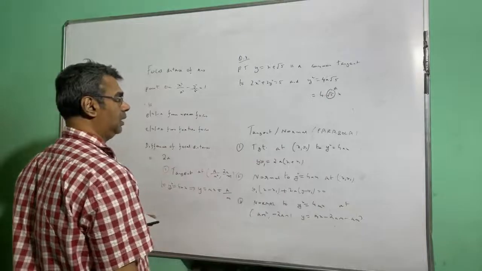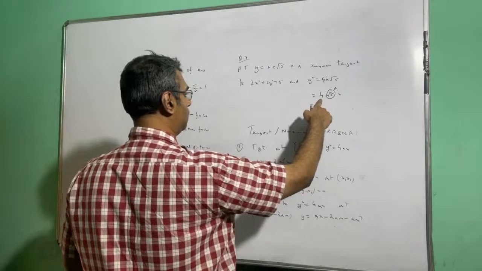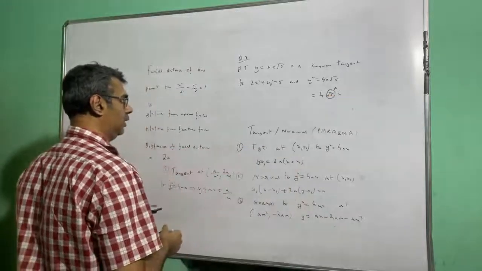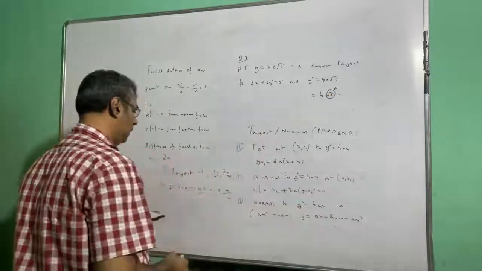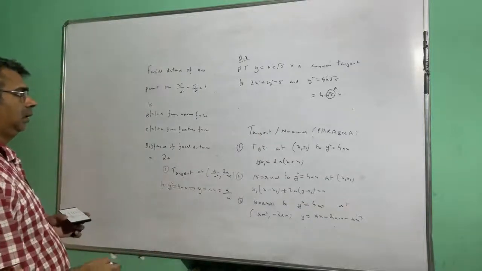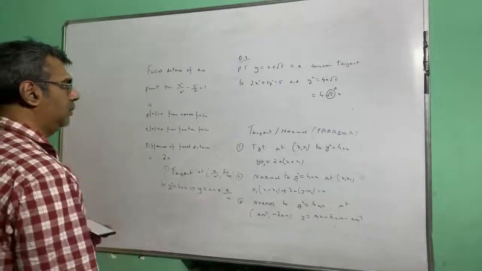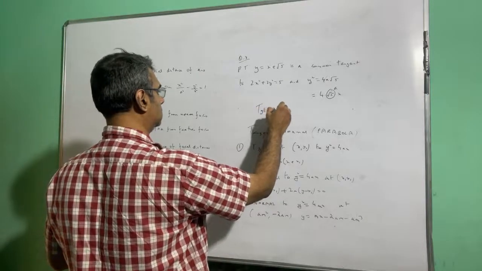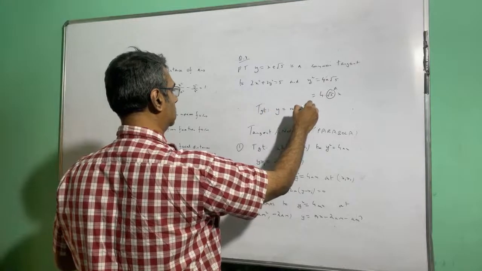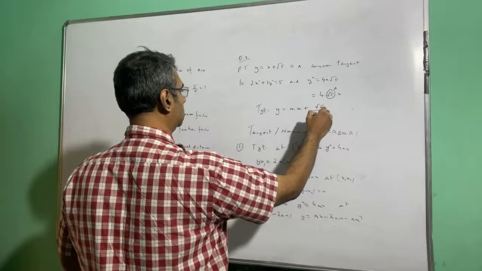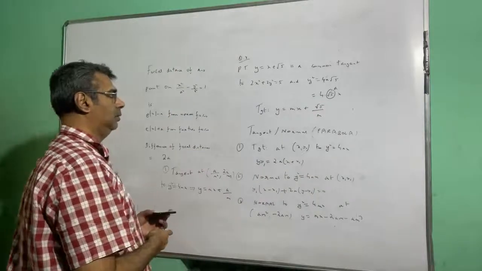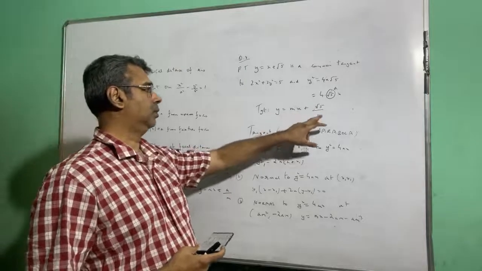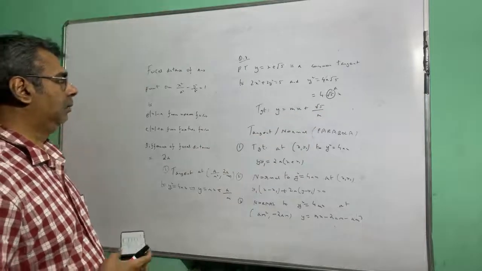So the parabola is y square equal to 4x root 5. If you think of it as 4 into root 5 into x, a is root 5 actually. Now, according to the formula y equal to mx plus a by m, it will be y equal to mx plus root 5 by m. This will be the tangent to the parabola.